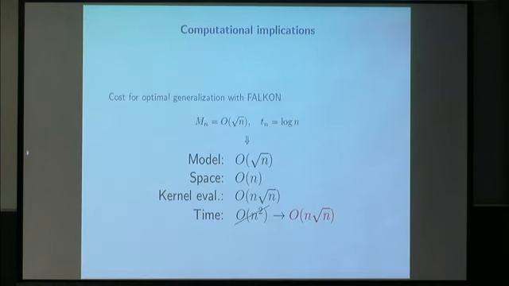So finally, we have proven that square root of n random features are enough, and a number of iterations of log n is enough for optimal generalization. If we compute the computational time, then we still have square root of n for model, n in space, and n square root of n for kernel evaluation, but now we go from n square in time to n square root of n. To our knowledge, this is the first algorithm that requires n square root of n in time and still has optimal statistical properties.